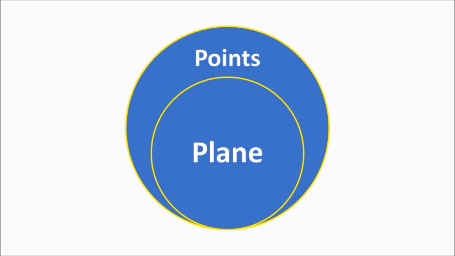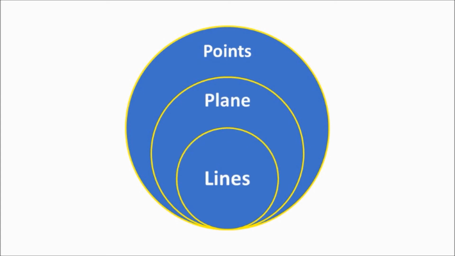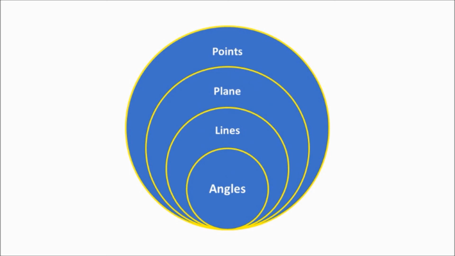Points define the plane. We have the lines, which we can't have without being on the plane, and we can't define without the point. Now we have the angles, which need points, planes, and lines to create the angles.